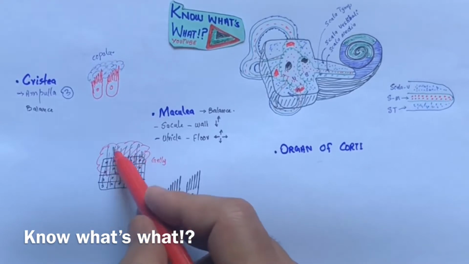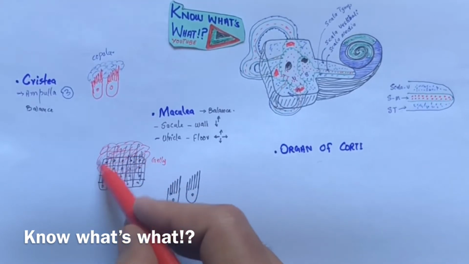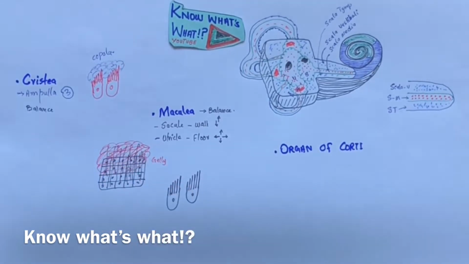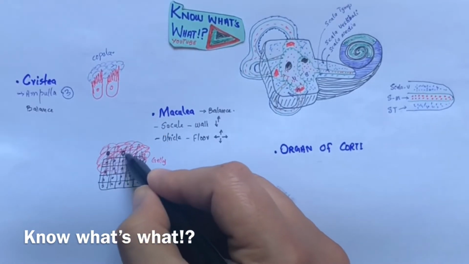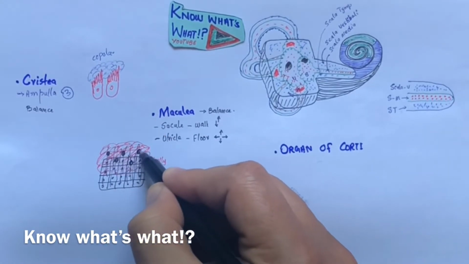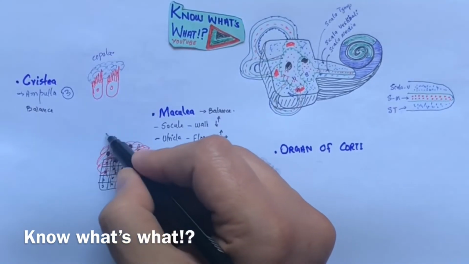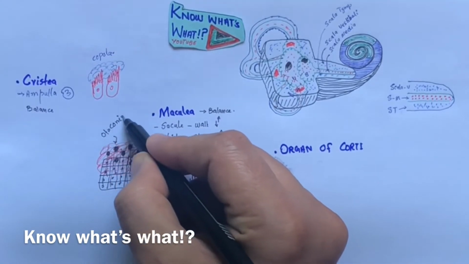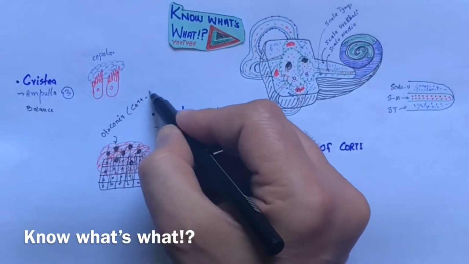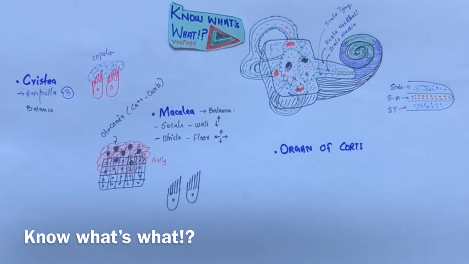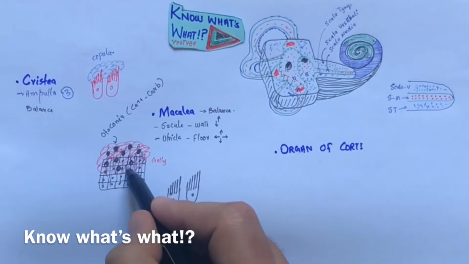Okay, so this is the jelly-like material. Within the jelly-like material, it has calcium carbonate stones called the otoconia. Now, these otoconia, when you move your head, they can slide over these cilia, bending the cilia, and they will be stimulated or inhibited, okay?